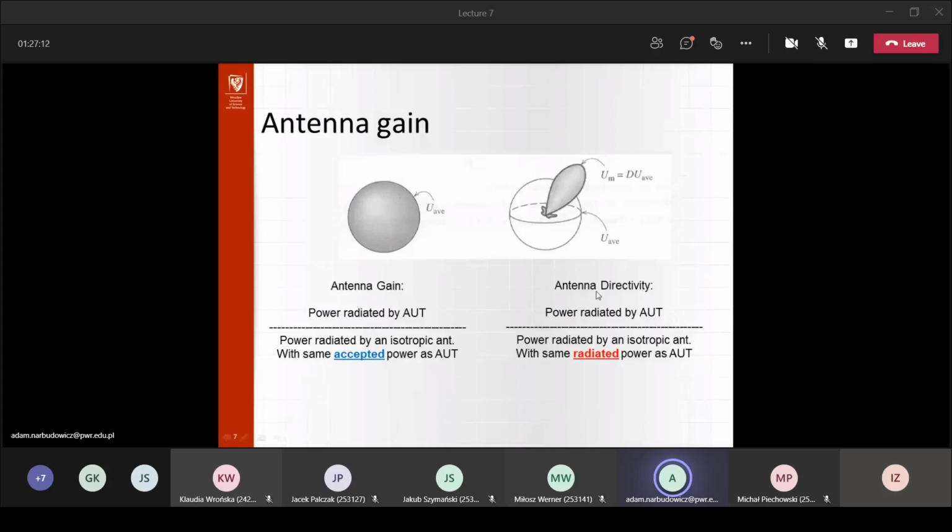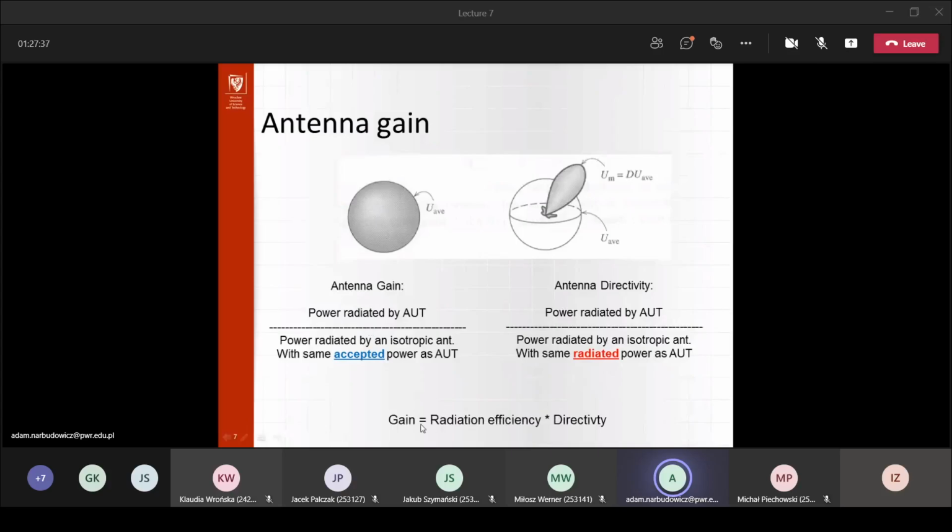On the contrary, there's a term called directivity, which we won't be talking much about here. Directivity already deals with the power that is radiated, so somehow artificially after the antenna, which in practical terms is not very easy to measure.